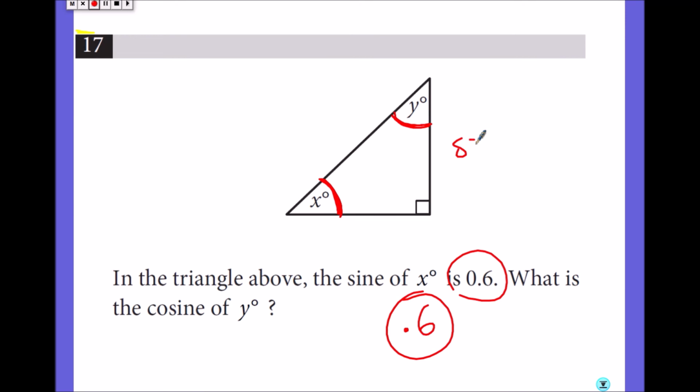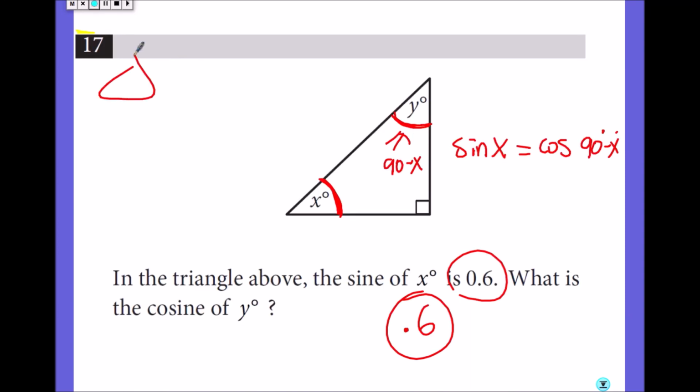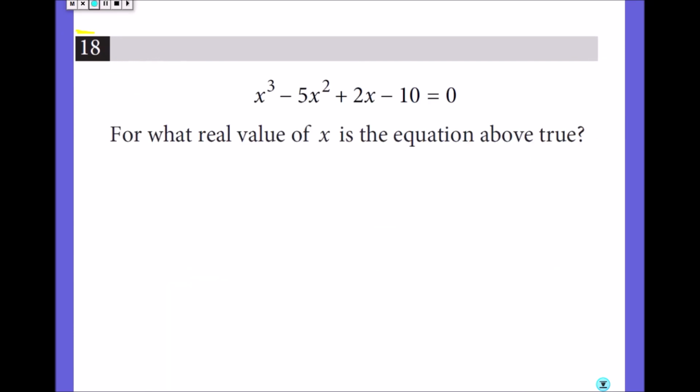Sine of x equals cosine of, if this is x, this will be 90 minus x, which is the other non-right angle. Not this one, the other one. There are so many questions like that, so please put a star on that question and make sure we remember that property.